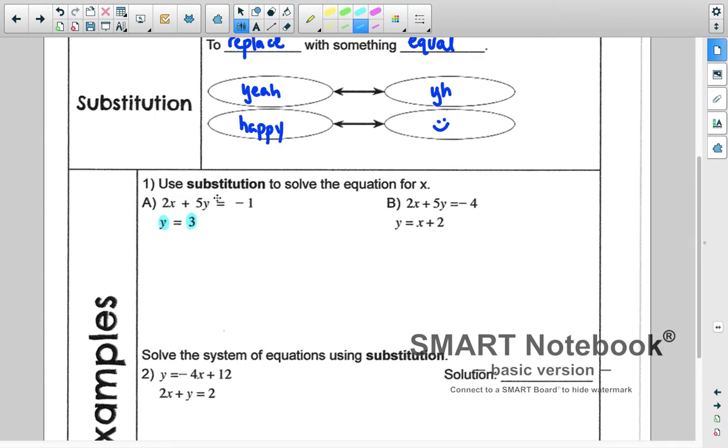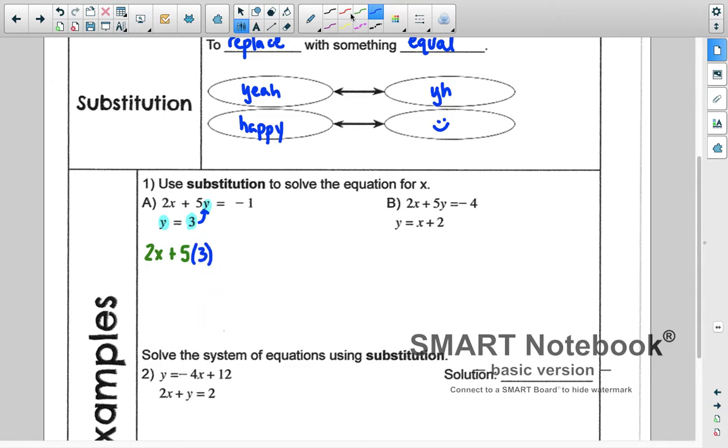And so in this first equation, 2x plus 5y equals -1, I know that this y is the same thing as 3. So we can just throw that in there, okay? So the rest of the equation, it says 2x plus 5, and in parentheses, I'm going to put what that y was. That y is really a 3.